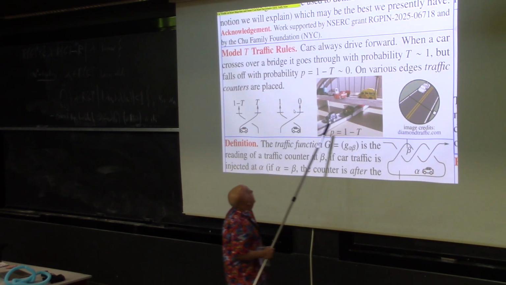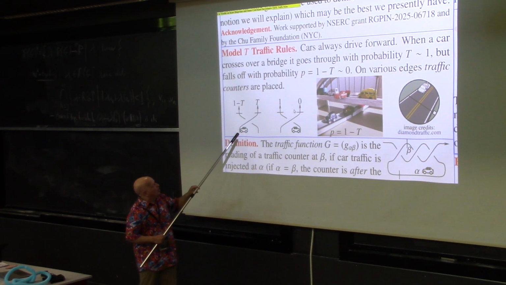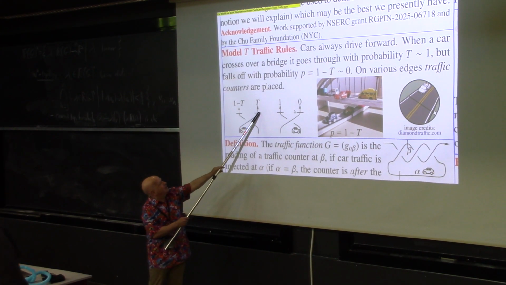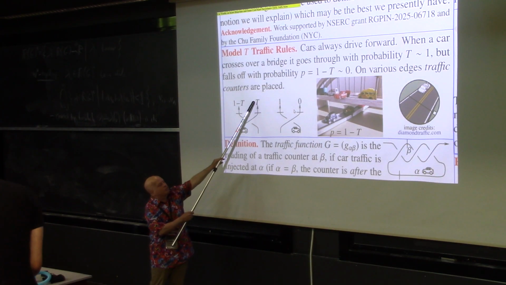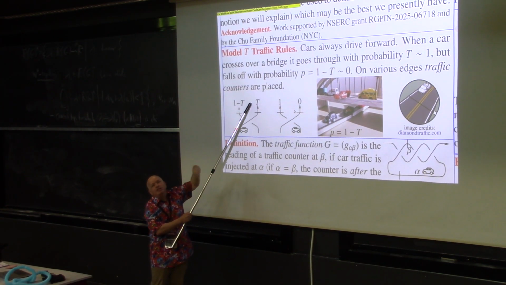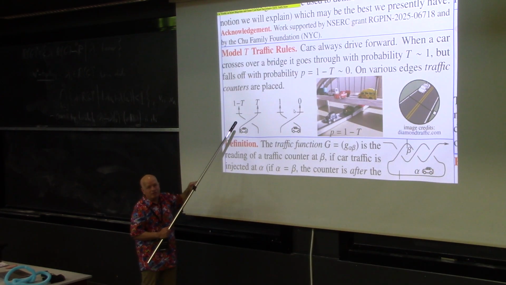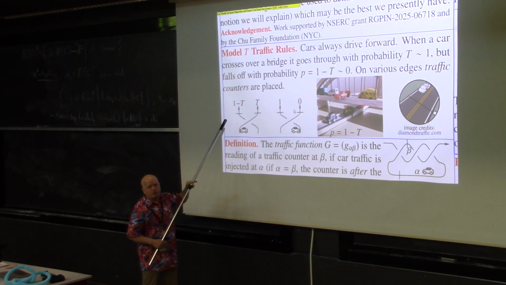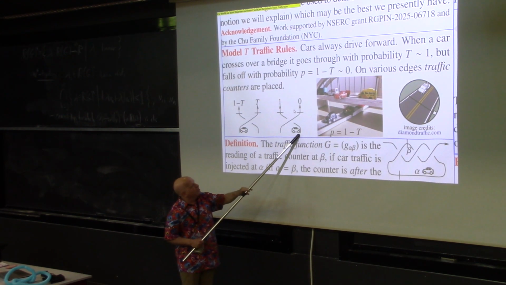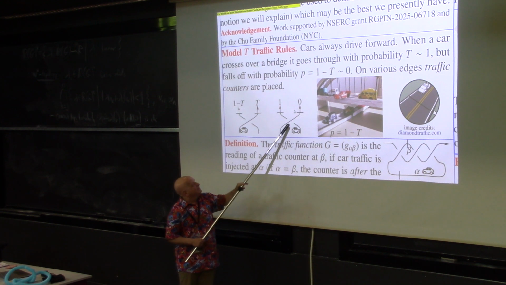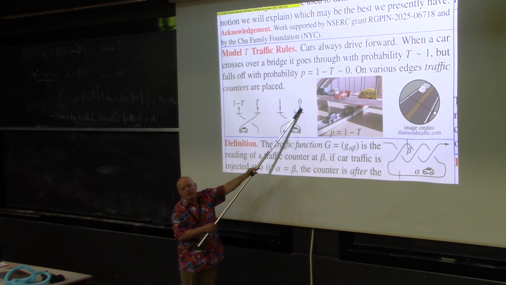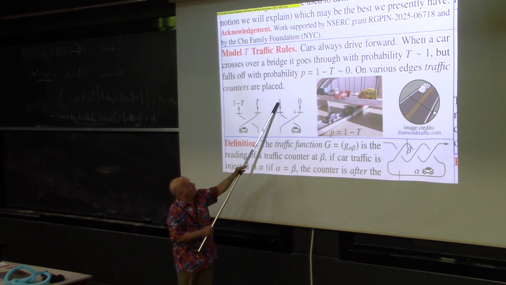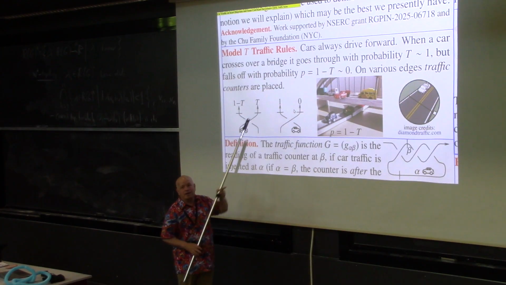Okay, so here is another summary of the traffic laws. If you inject car traffic here, then the traffic counter placed here will measure T units of traffic if you inject 1 unit, and a traffic counter placed here will measure 1 minus T. However, if you inject traffic on the lower strand, then a counter placed here will measure 0 because cars never jump up, and a traffic counter placed here will measure 1.